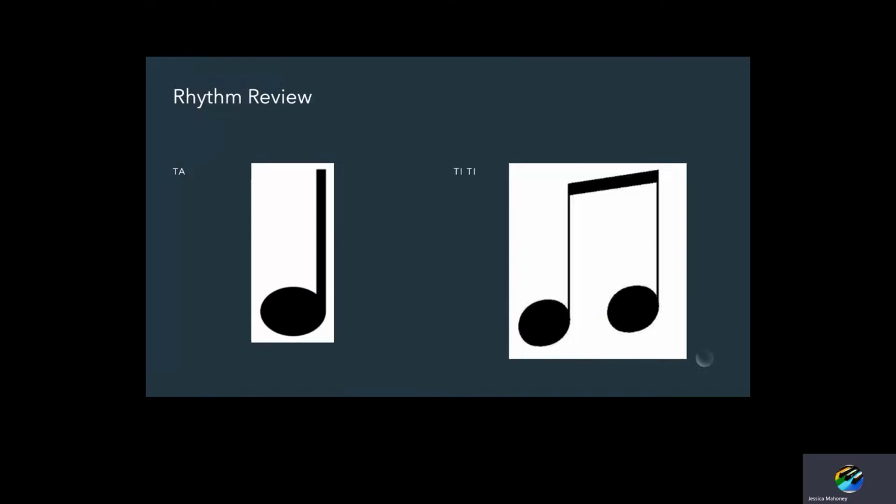So it's going to make 2 sounds. We call it TT. 2 sounds. If you clap it, it sounds like this. TT. Ta makes 1 sound, so it has 1 head. TT makes 2 sounds, so it has 2 heads.